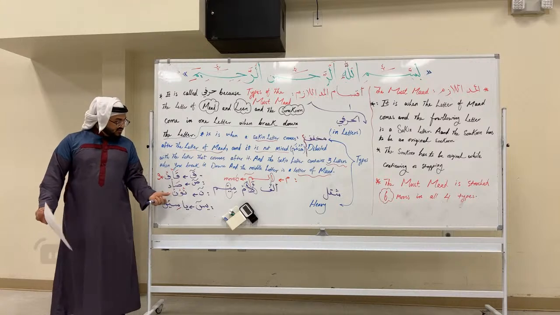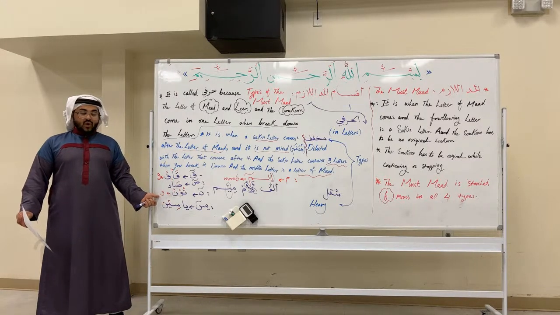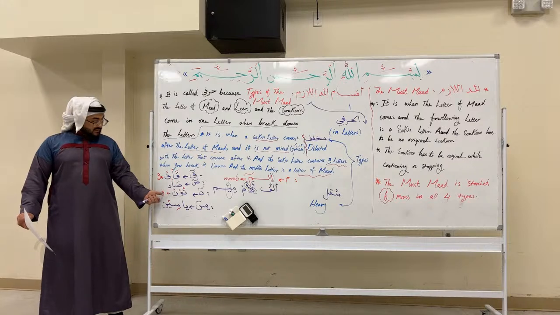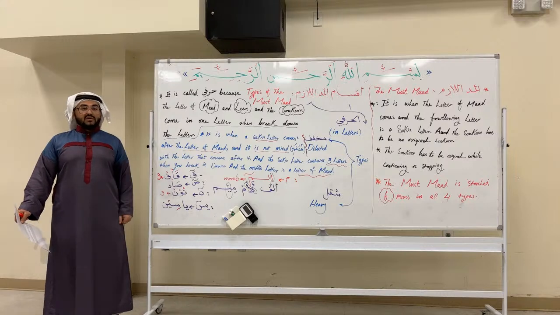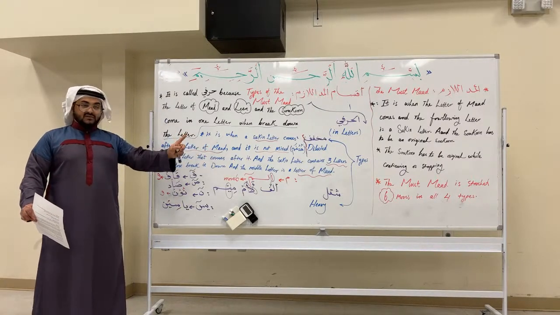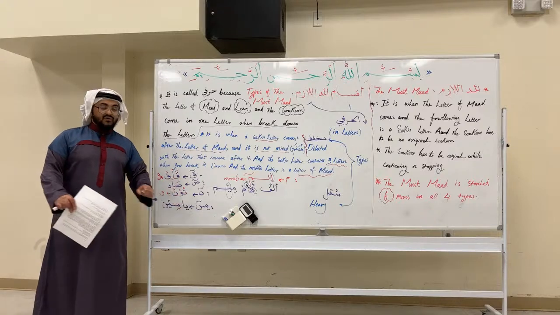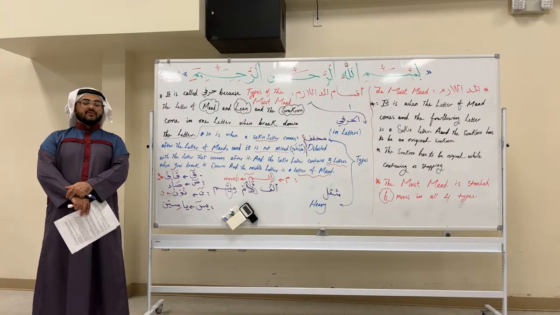You pronounce the noon, even though it's sakin and the letter after it is waw. Normally it's idgham, but we don't make idgham here, because it's not mixed. So how do you say it? Noon wal qalami wa ma yasturun. You stop if you don't want to continue.